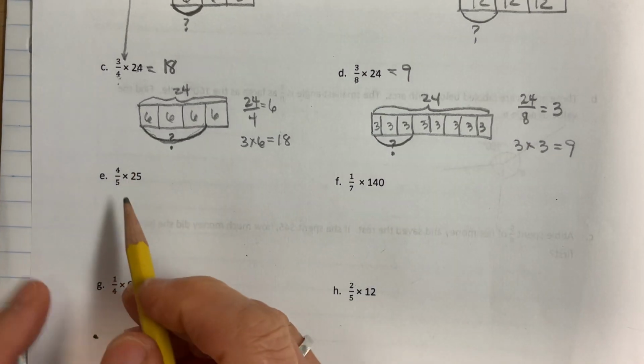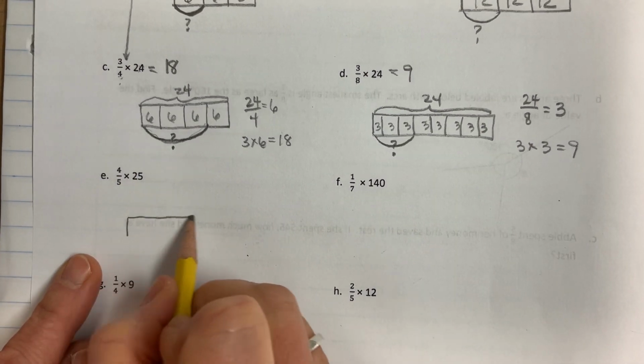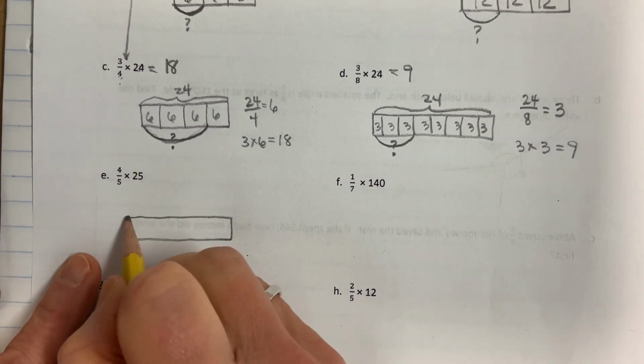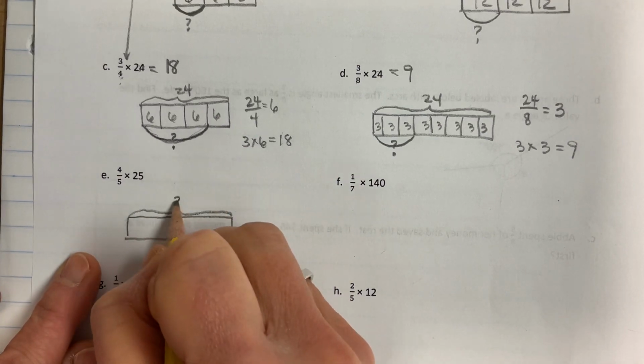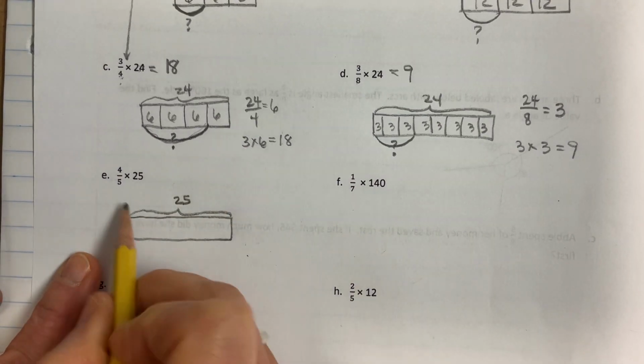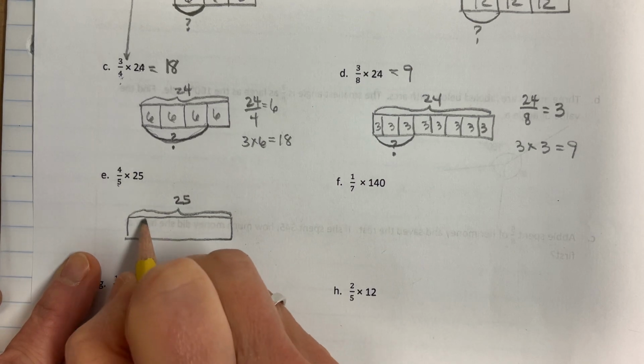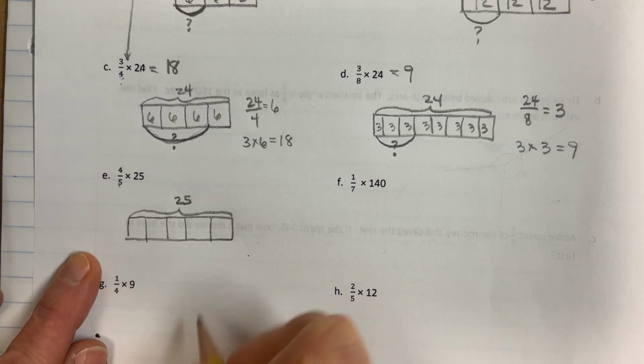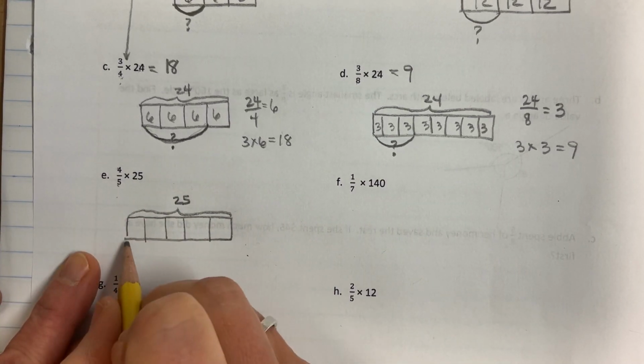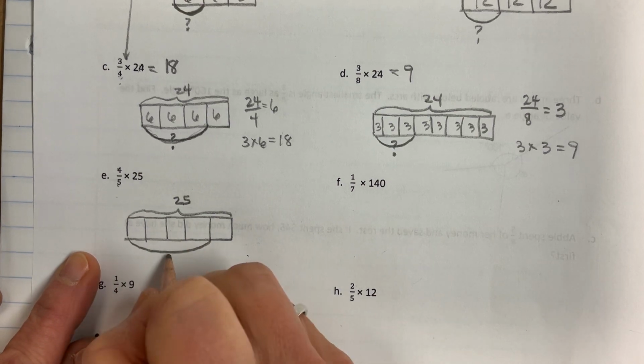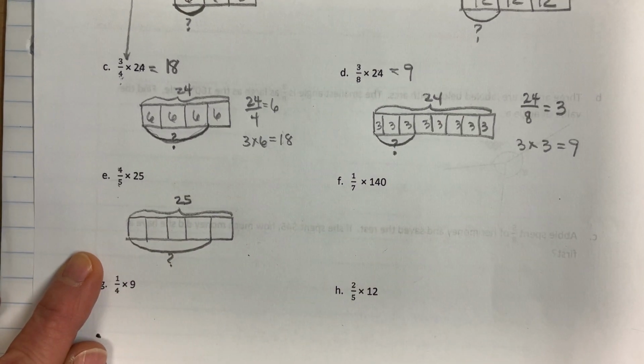Okay, the next one. My total is 25. Okay, so I'm going to draw my box, label my total. Notice I have fifths, so I'm breaking it into 5 boxes. And I'm looking for 4/5, so I'm going to mark that on my tape with a question mark. That's what I'm looking for.